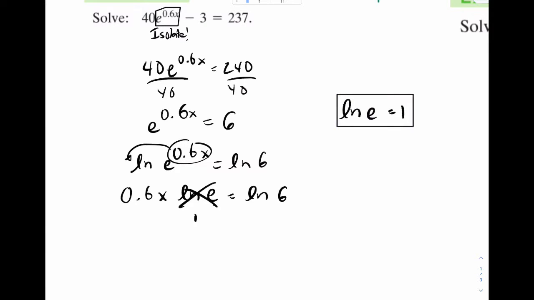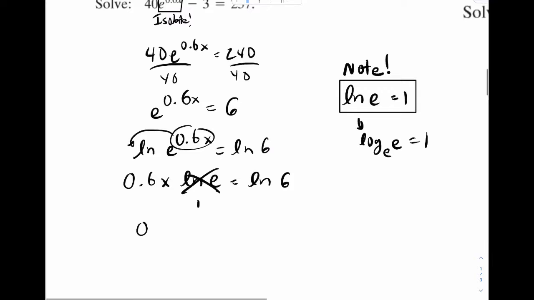If you're wondering why that is, that's because ln e is saying log base e of e. So that must be 1. So put a big note here in case you forgot. So now I have 0.6x must be natural log of 6. So there's our answer. Natural log of 6 divided by 0.6.